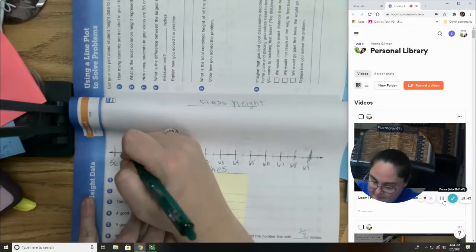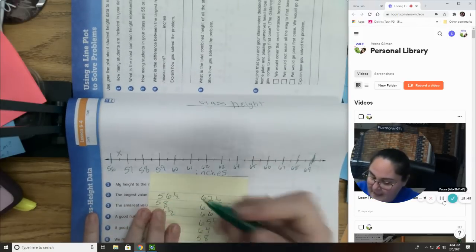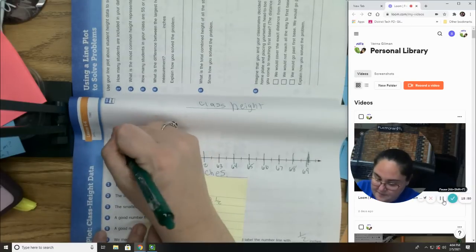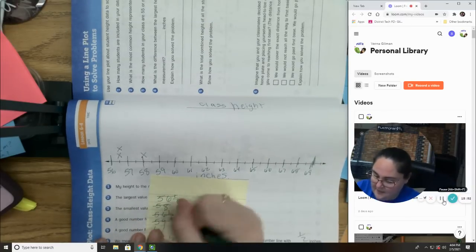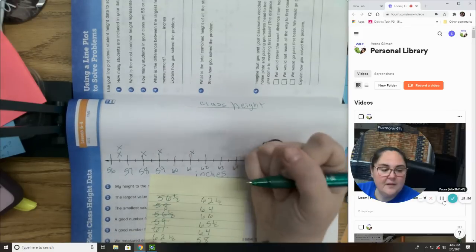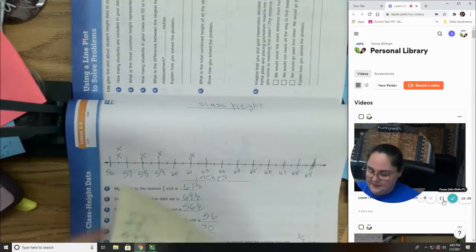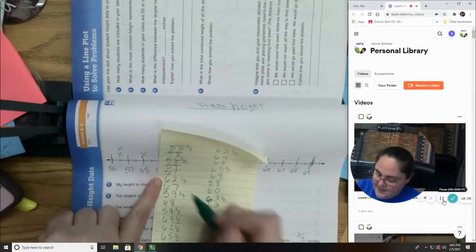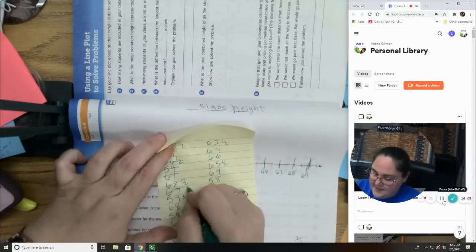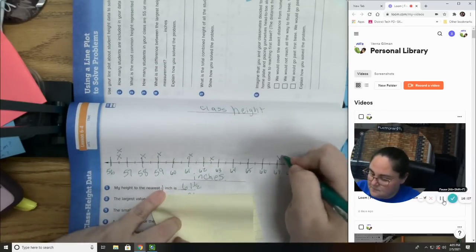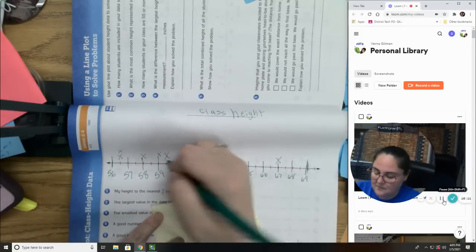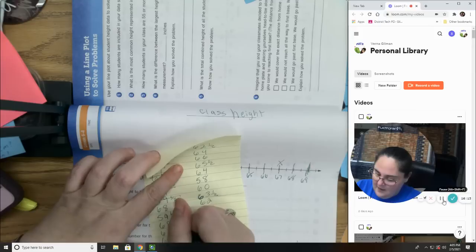56 and a half. 58. 56 and a half. 59. 61. See how I'm doing it and what my process is? 62 and a half. 67. 59 and a half. 58.